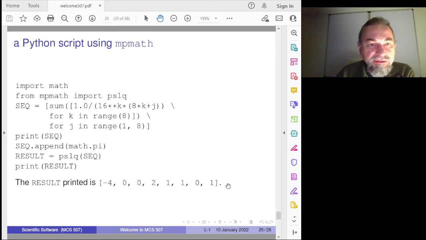So we are solving again an equation where we are computing the coefficients of this expansion. The result can be interpreted as the coefficients in this spigot formula for pi.